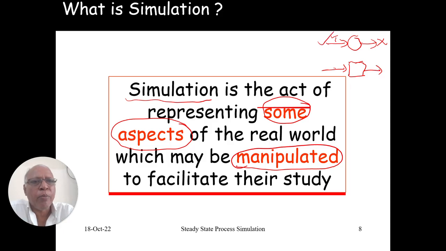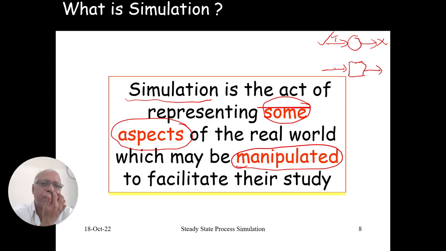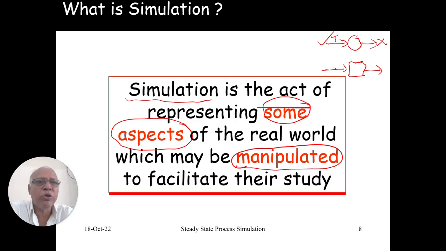So now, though you are not permitted to do experiments on the real system, I will be able to experiment with the model. Solve the mathematical model, or the set of mathematical equations, subjected to a different temperature each time, calculating the corresponding conversion. When you do this exercise, this is what is meant by manipulation.